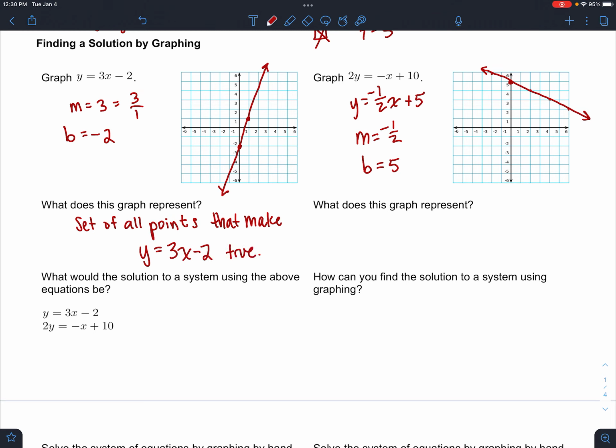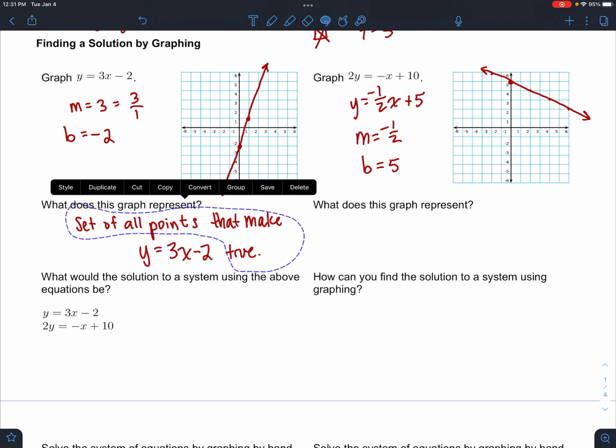So they are the solutions to y equals 3x minus 2. For example, like this point here, 1 comma 1. You put a 1 in here and a 1 in here, you get equal on both sides, right? So basically a line is just the set of all of the points that make the equation true.